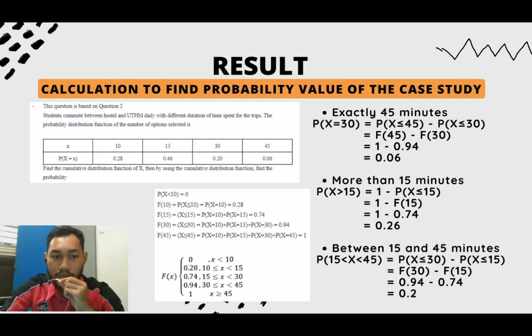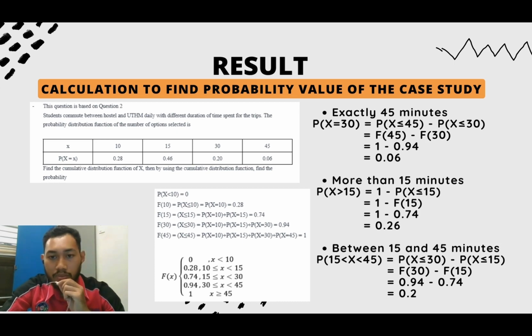So I will write the cumulative distribution function as seen here until we get the function. Then we form the equation. For exactly 45 minutes, we get a probability of 0.06.